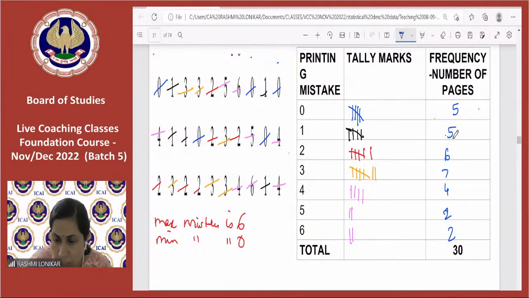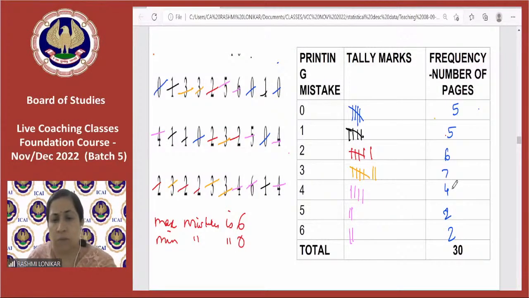How much is this? 10, 10, 20, 20, 11. Okay. So I got one mistake more. Have I written 5, 5, 6, 7, 4, 2, 2?